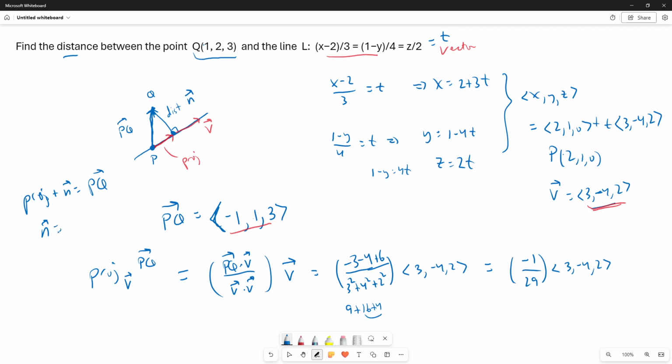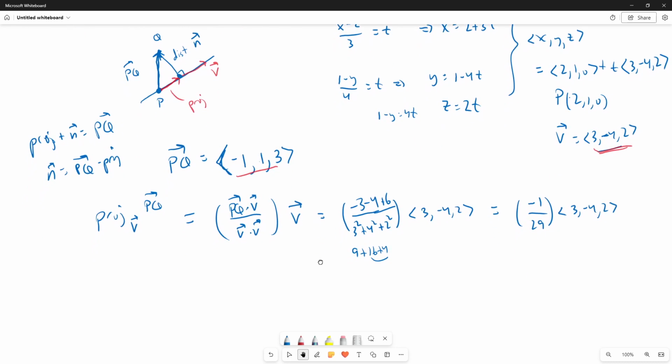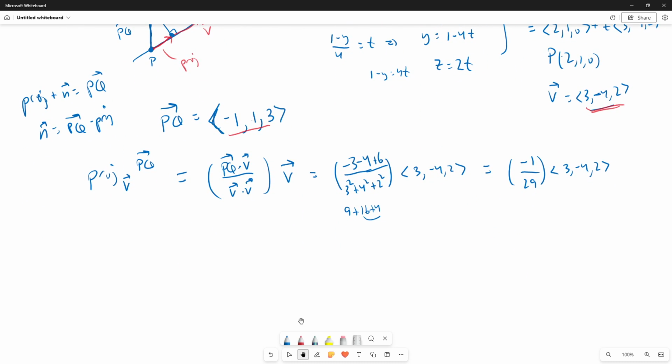So N is PQ minus the projection vector. And the answer to the problem is the magnitude of that, the magnitude of N.